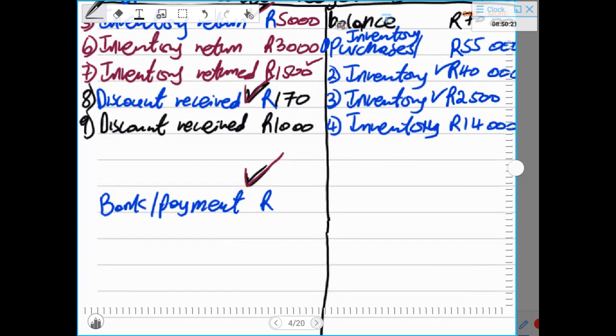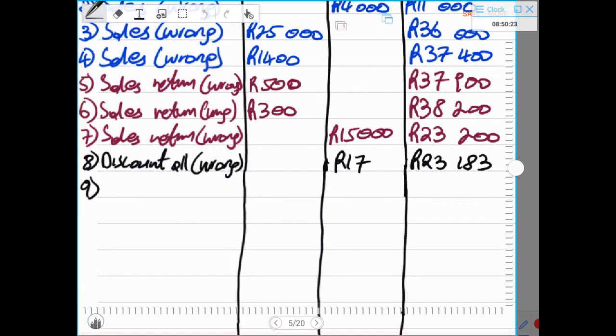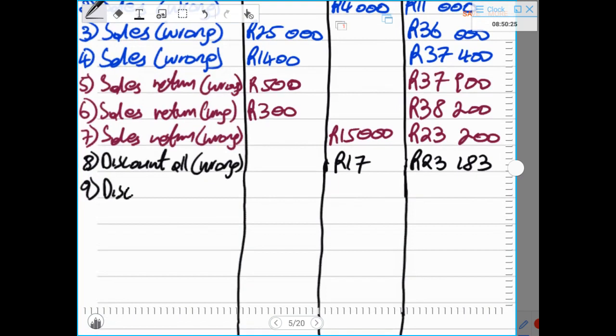Then when we look at the statement on the same date, we see that yes, our creditor does acknowledge that there was a discount allowed. We call these interest expense.